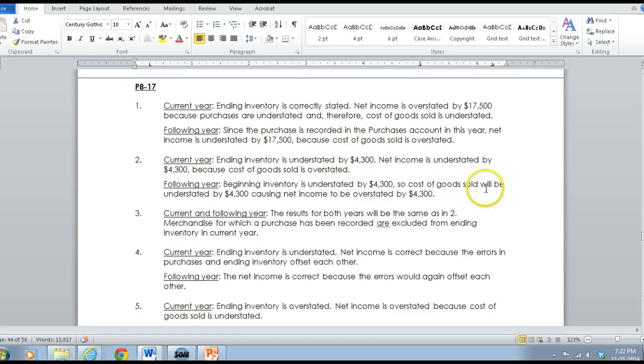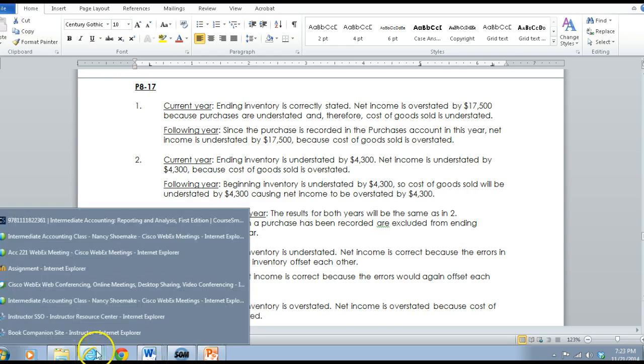The net income gets understated because the cost of goods sold was overstated. The purchase was in there, but it wasn't part of ending inventory. So again, our income is understated and our ending inventory gets understated.